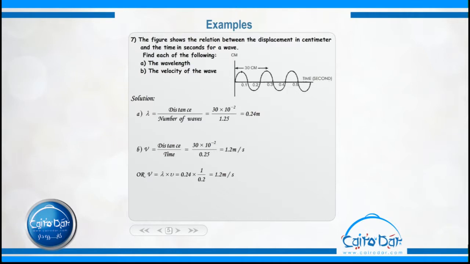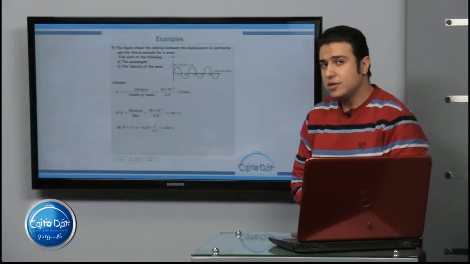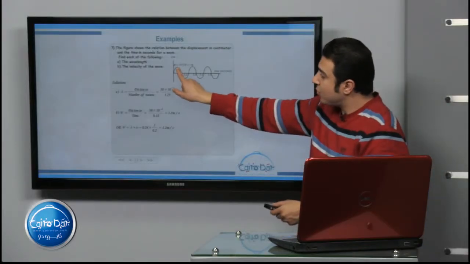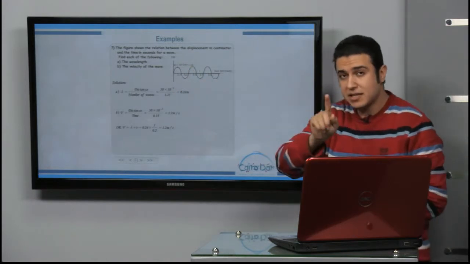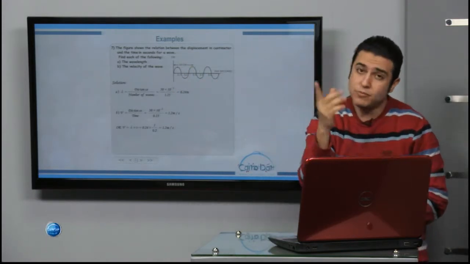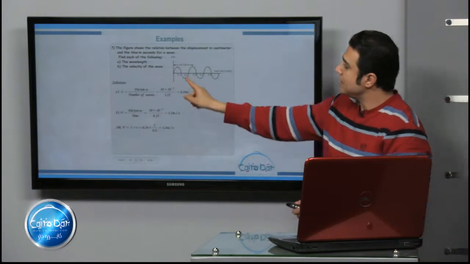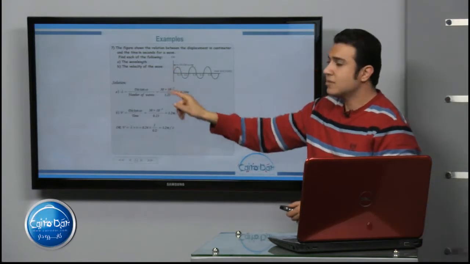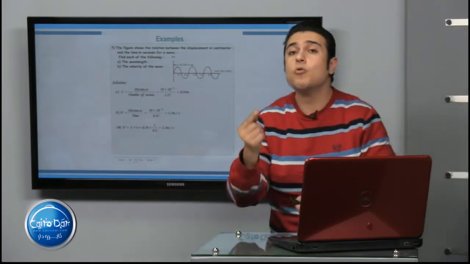But what about the number of waves? From this crest to this crest is one wave. But from this crest to the other side, to this point, it is a quarter.